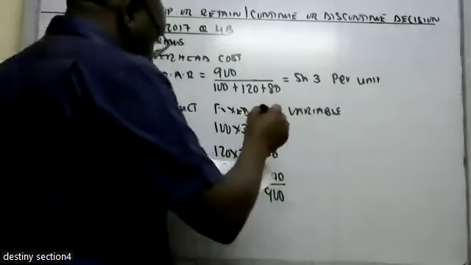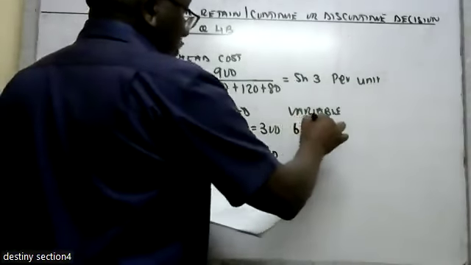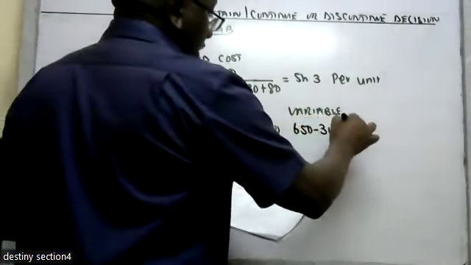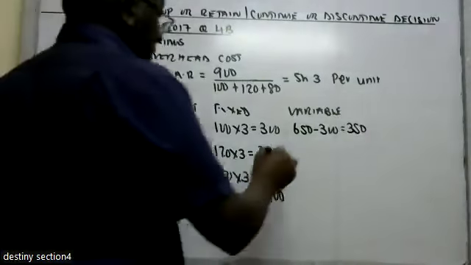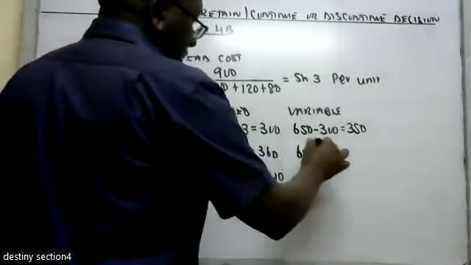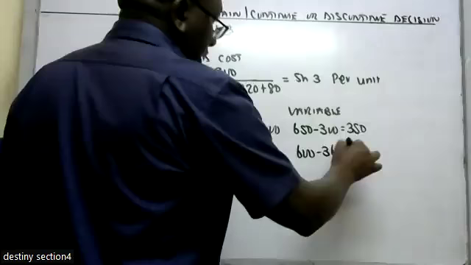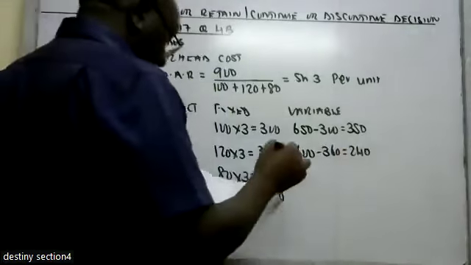So sasa, ukiangalia A ilikuwa imepewa 650. So uking'oa 300, kumaanisha the variable is 350. Haya, huyu mwingine B alikuwa amepewa 600. So ukitoa 360, that means we have 240.